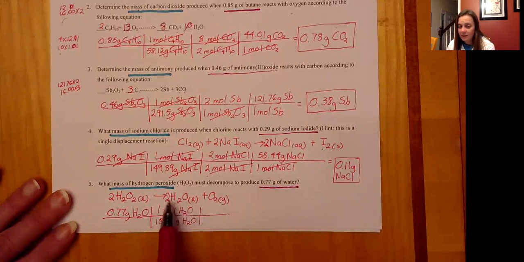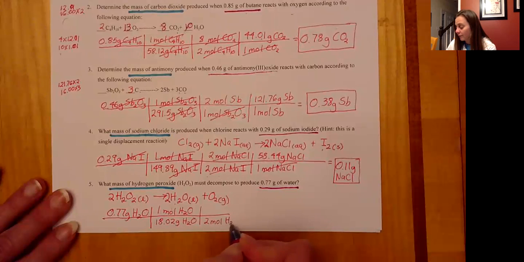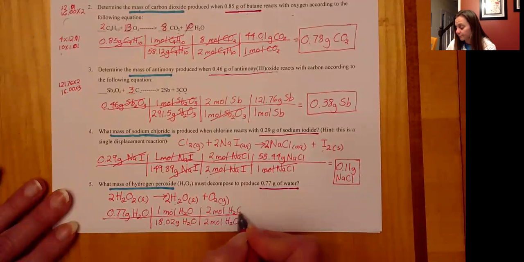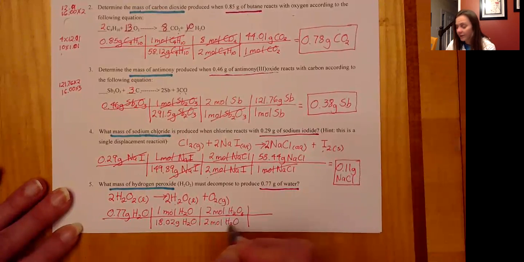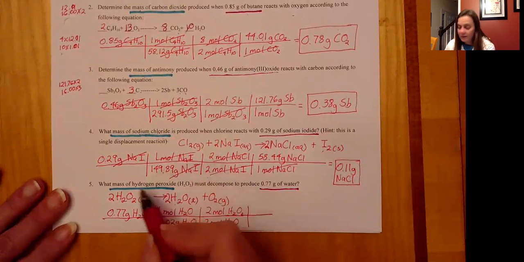So now I need to convert from moles of given to moles of unknown. I look at my balanced chemical equation and I see I want to put moles of water on the bottom. So 2 moles of water for every 2 moles of hydrogen peroxide. And now our last step is to convert from moles of unknown to grams of unknown, because I'm asked to find mass.